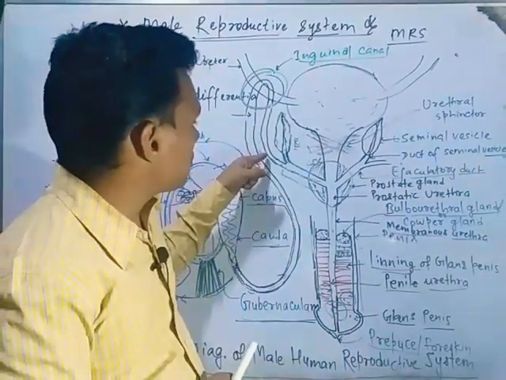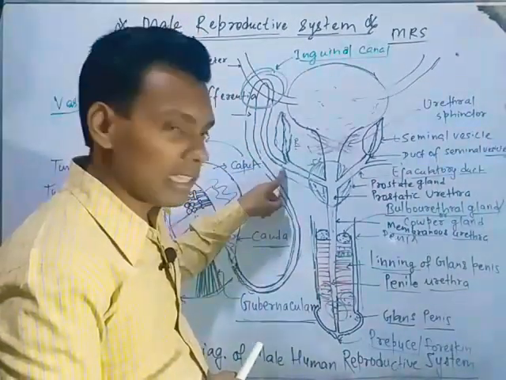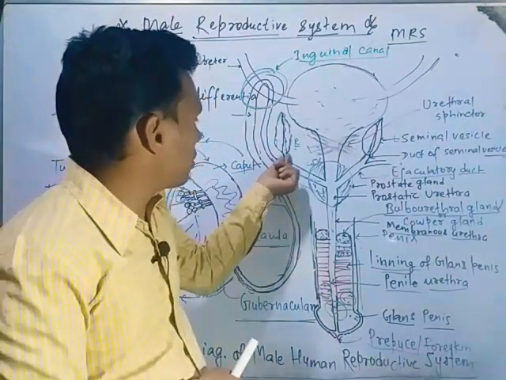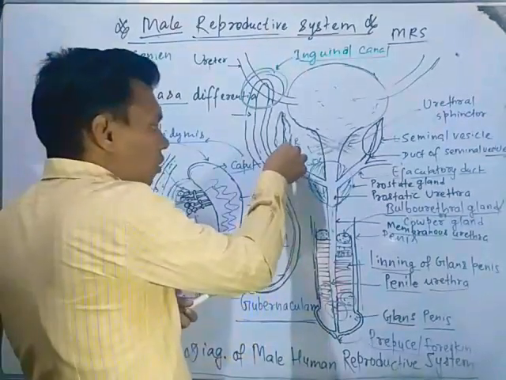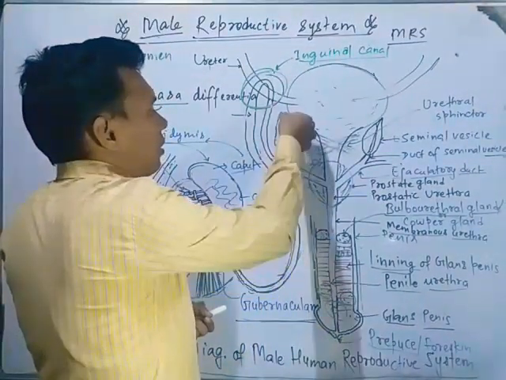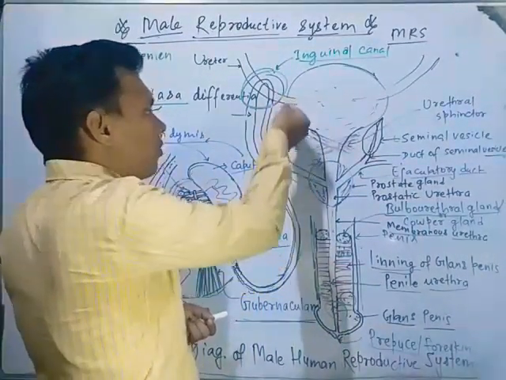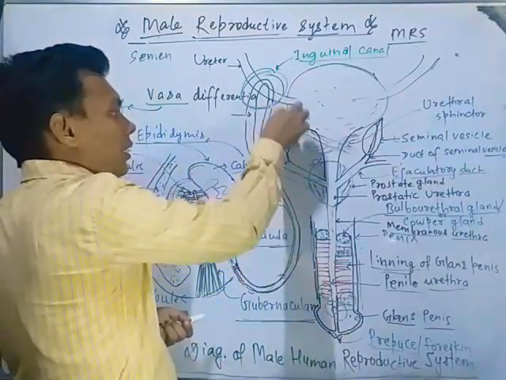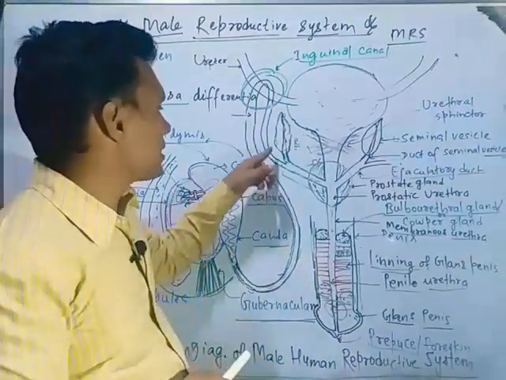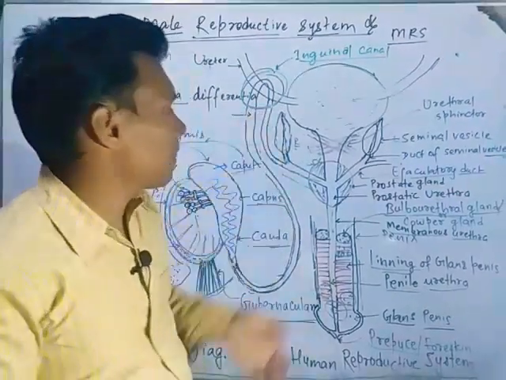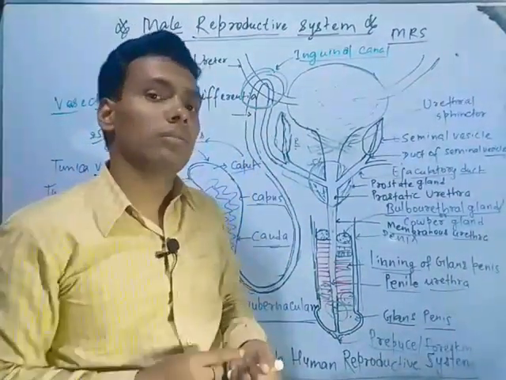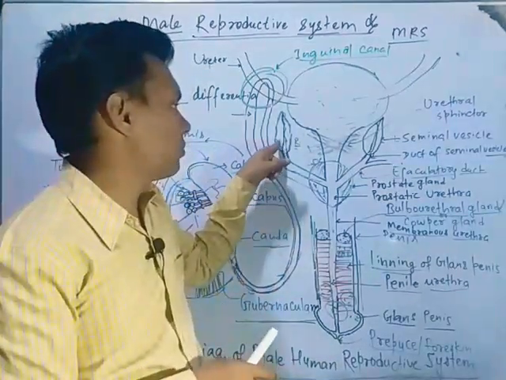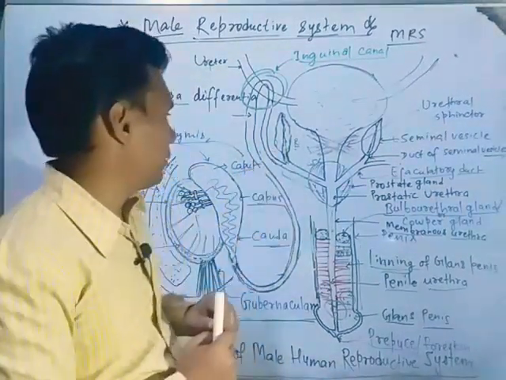After that, the terminal section of the vas deferens, a duct, opens into an organ, the seminal vesicle. The seminal vesicle releases fructose. Naturally in humans, fructose is formed at this one site, the seminal vesicle.